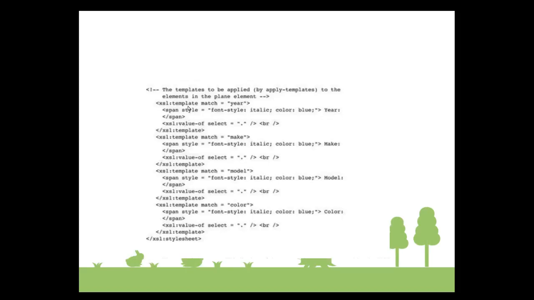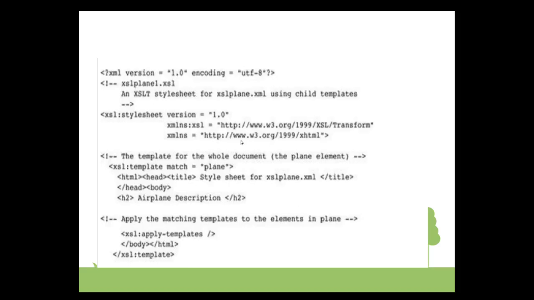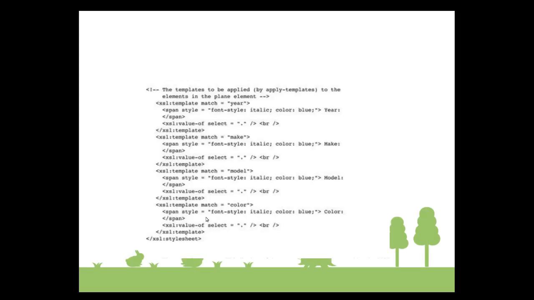So then, again, for each and every element which comes under this plain element, you need to specify it in the XSLT style sheet. You have to give style information to those elements also. So for that you have used this template element with the match attribute set with that element name, then style information.